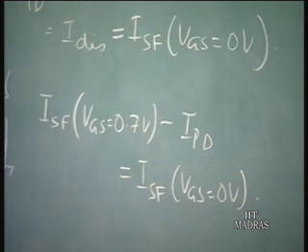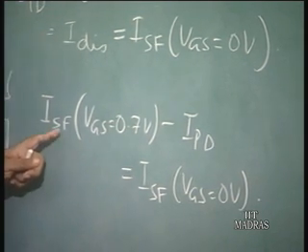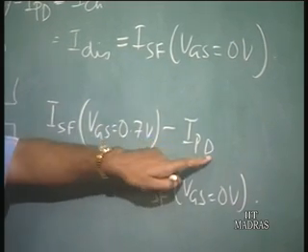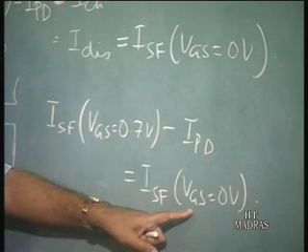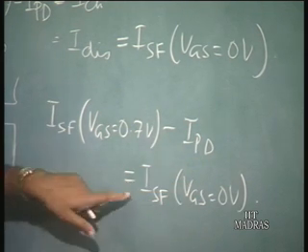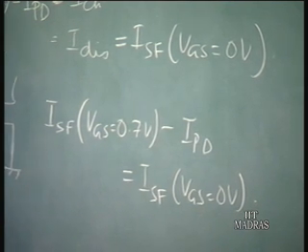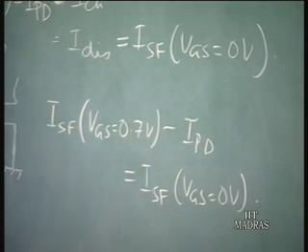So if we design the transistors in such a way that the source follower current at VGS equal to 0.7 volts minus I pull down, which is actually the source follower current at VGS equal to 0 volt, equals the I source follower at VGS equal to 0 volt, then the charging and discharging times can be made equal, which was not possible with the previous circuit.